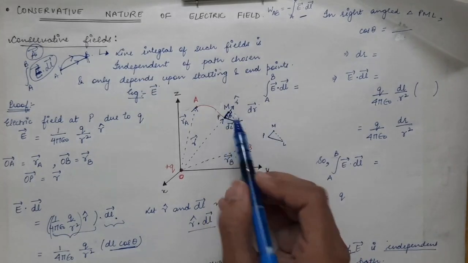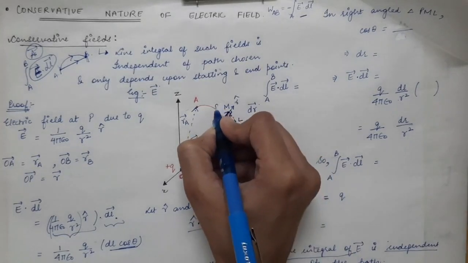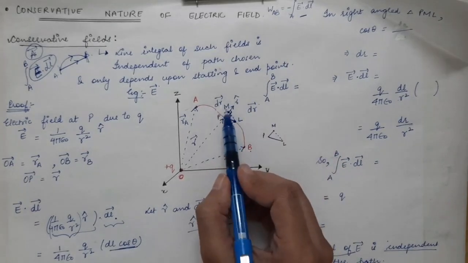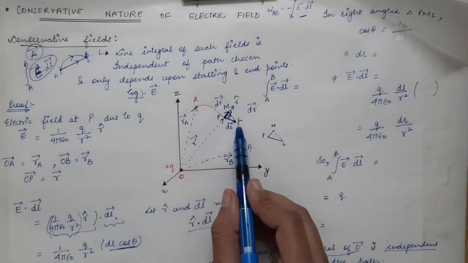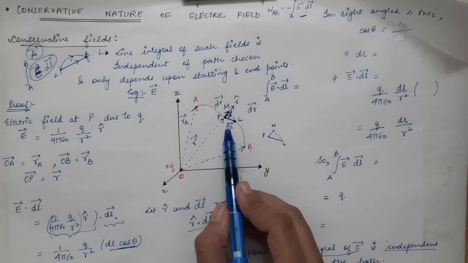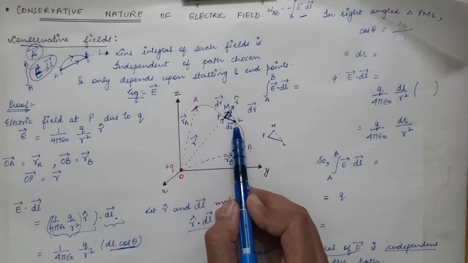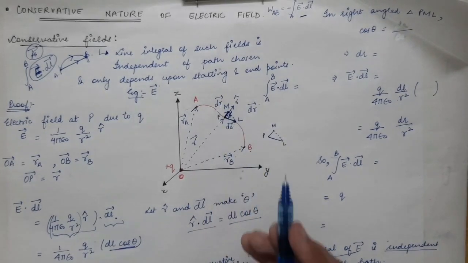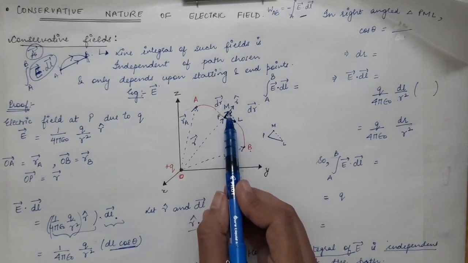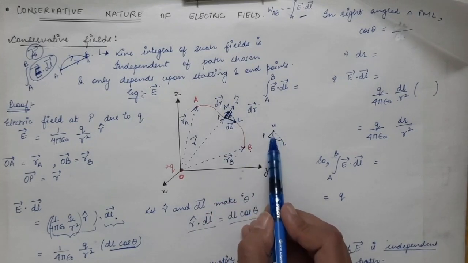So this PM length vector will be dr vector, and this PL vector will be dl vector, and we have drawn a perpendicular from point L to point M. Now I have drawn this triangle on this side.